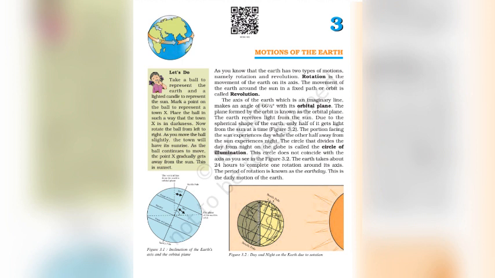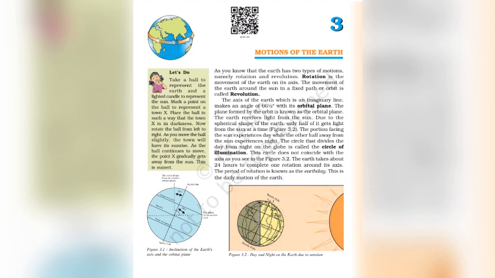You will see that on 21st June, the northern hemisphere is tilted towards the sun. The rays of the sun fall directly on the Tropic of Cancer. As a result, these areas receive more heat. The areas near the poles receive less heat as the rays of the sun are slanting.